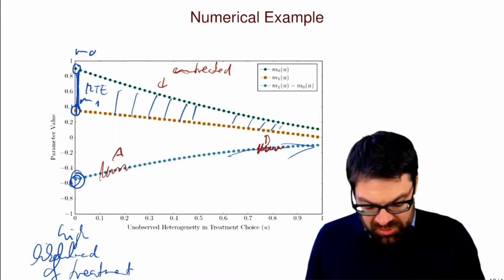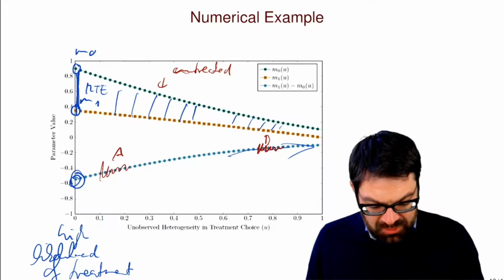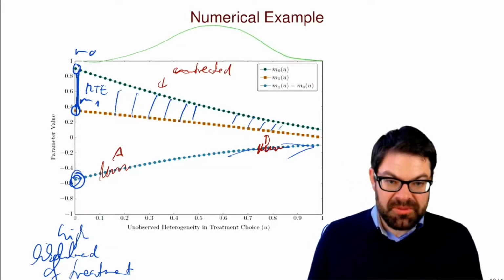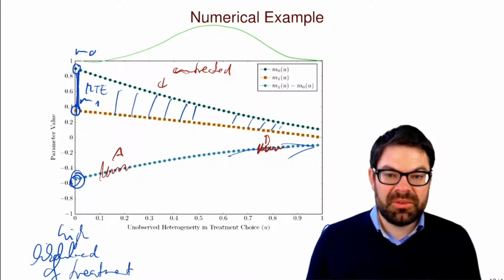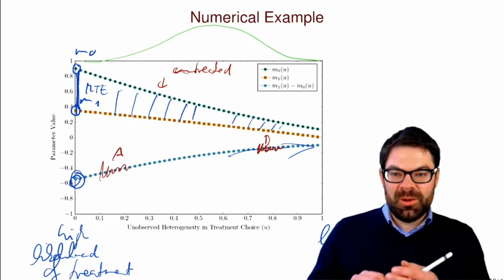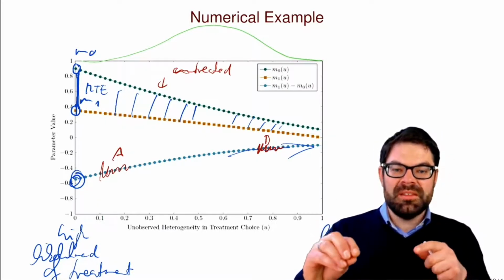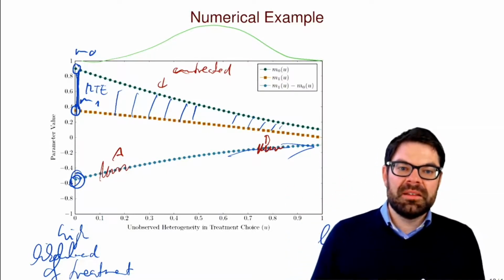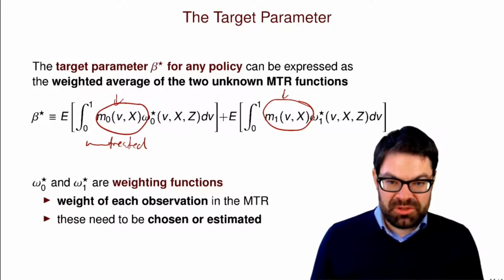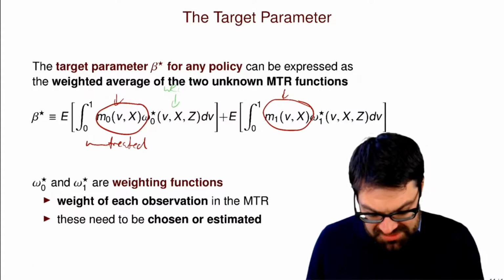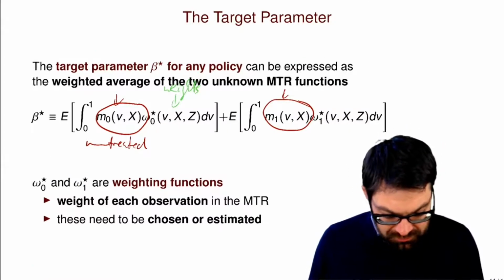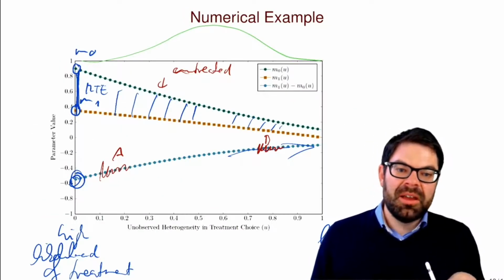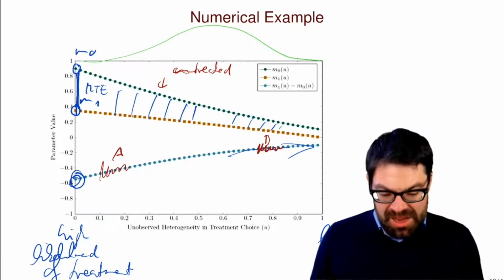And suppose the distribution for the untreated looks something like that. So they have a higher mass on the right. Then I simply take all the values of the green curve and I weight them by the density of that green function. Okay, so you have the weights here. And the same then I do for the yellow line here with the distribution underlying the yellow line.